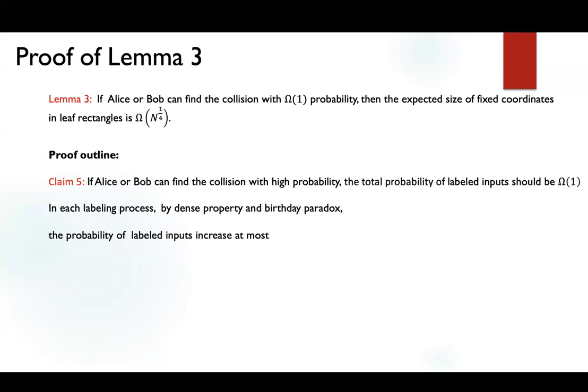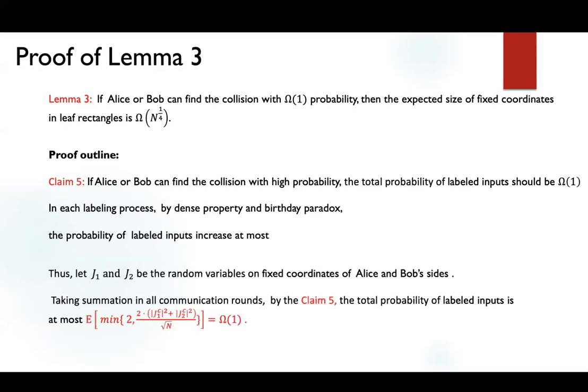Then, in each labeling process, since we keep the dense property of the rectangle and by the birthday paradox, we can show that the probability of labeled input increase is upper bounded by the expected size of fixed quantities. And taking the summation over all labeling processes, we can prove the lower bound of the expected size of fixed quantities, which gives the desired result.